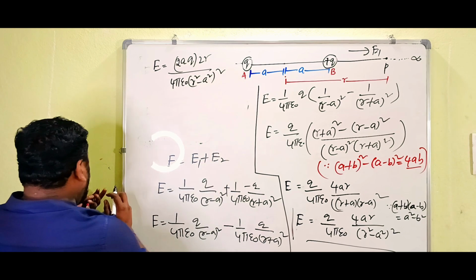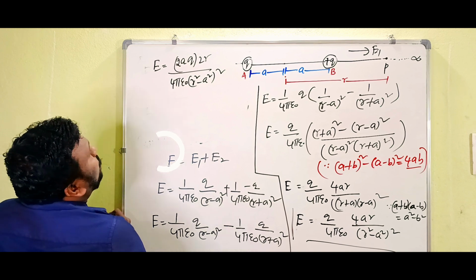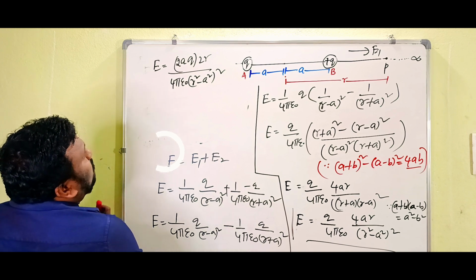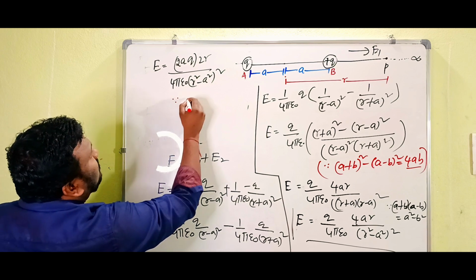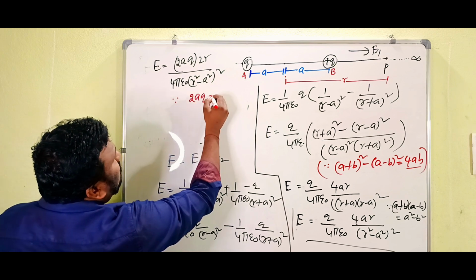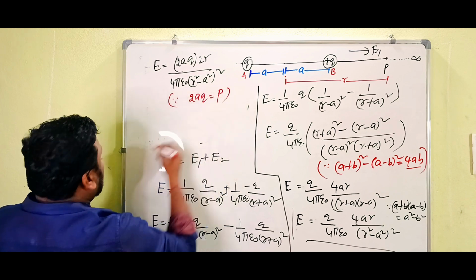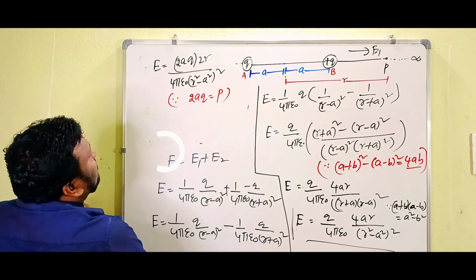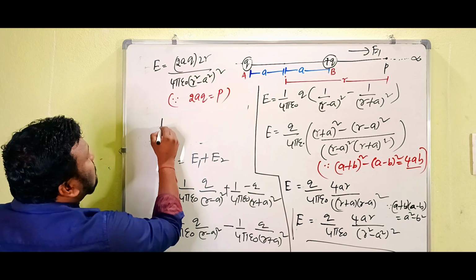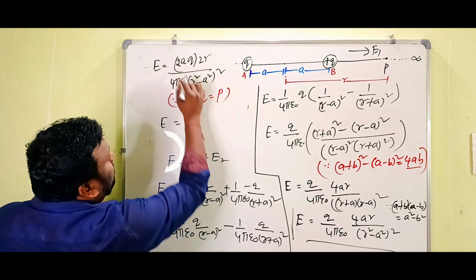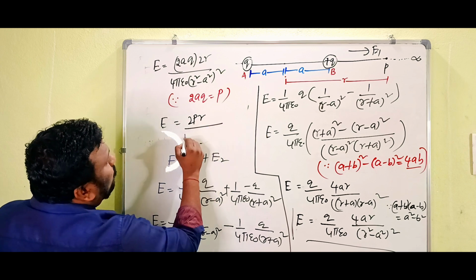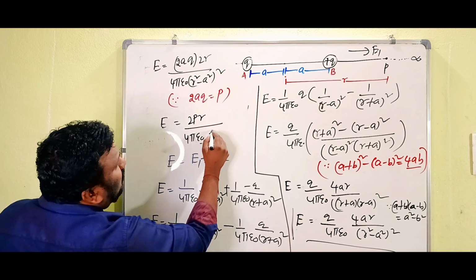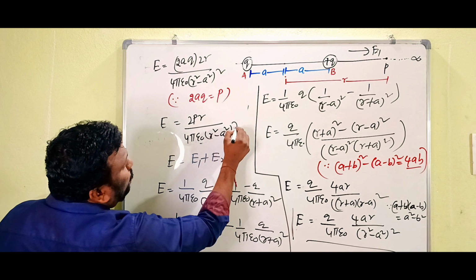So children, already we discussed, 2A into q means dipole moment. So we know that 2A into q is P, the dipole moment. Then the equation becomes E is equal to 2PR by 4 pi epsilon naught (R square minus A square) whole square.